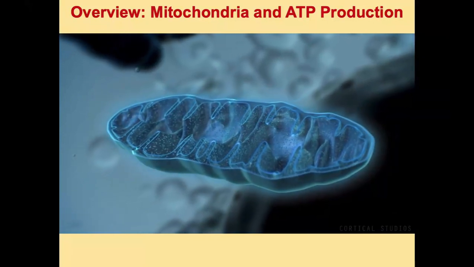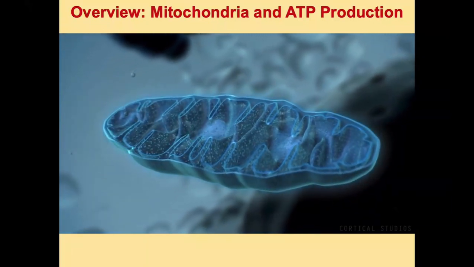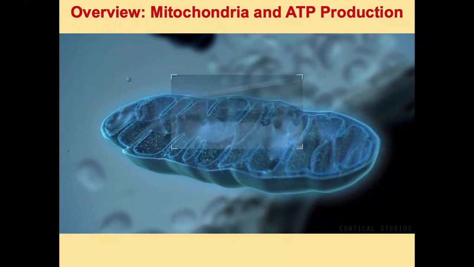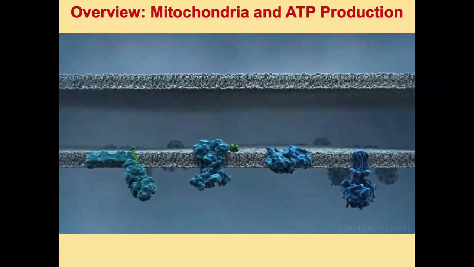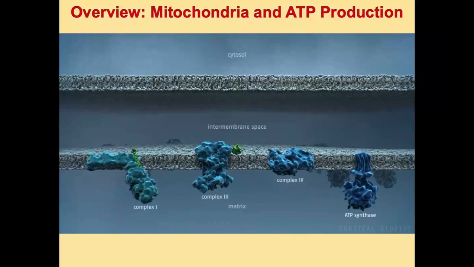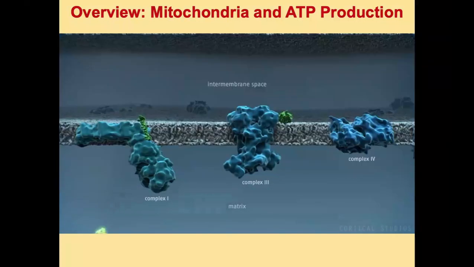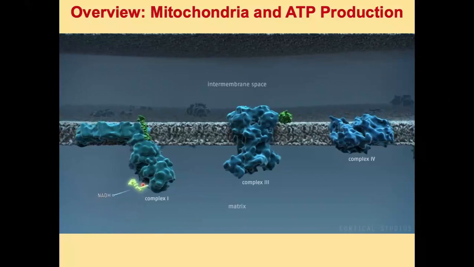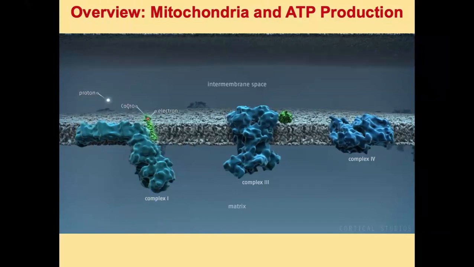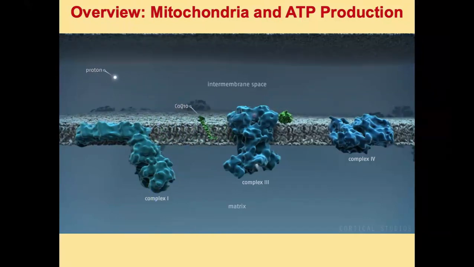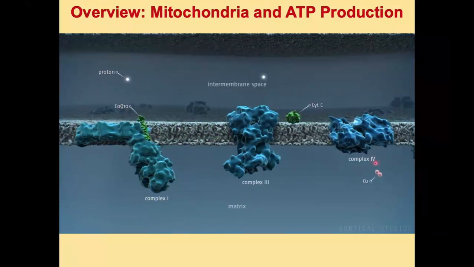ATP is generated at the inner membrane of mitochondria by an efficient mechanism called oxidative phosphorylation, involving several membrane protein complexes. Nutrients provide high energy electrons in the form of NADH, which are used by the protein complexes to pump protons from the matrix to the intermembrane space.